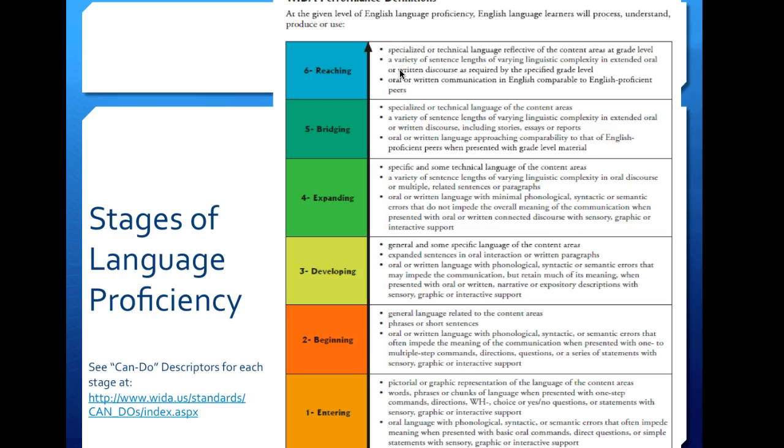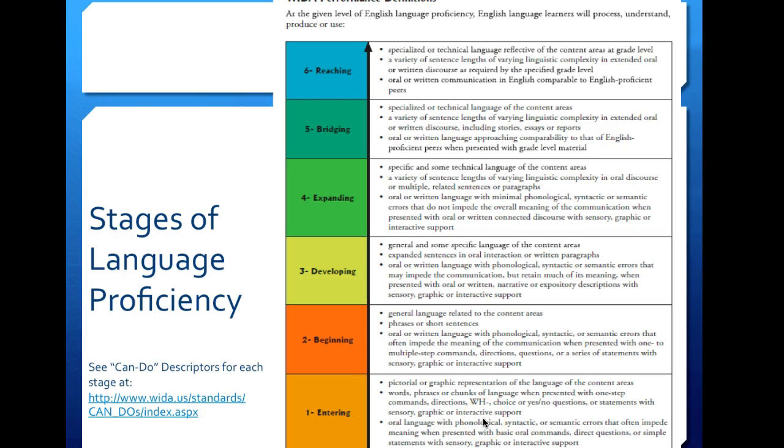Very useful. And if you were to look at these very closely, you would see that they really look like that whole embedded, context-reduced, cognitively demanding, cognitively undemanding work. So down here you'd have context embedded and cognitively undemanding language.